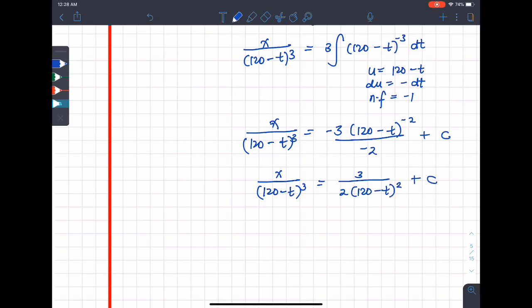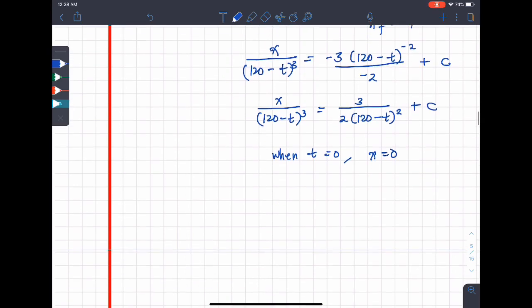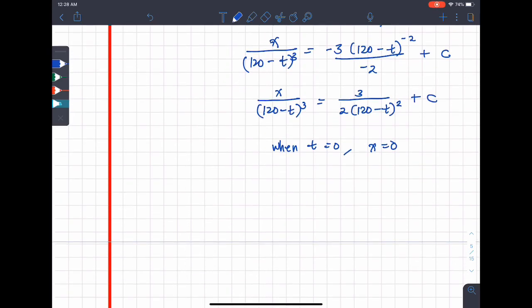Initially, since this is pure water, when time is 0, x is 0 as well. So if x is 0, the left-hand side is already 0. And then we have 3 over 2 times (120 minus 0) raised to 2 plus c.